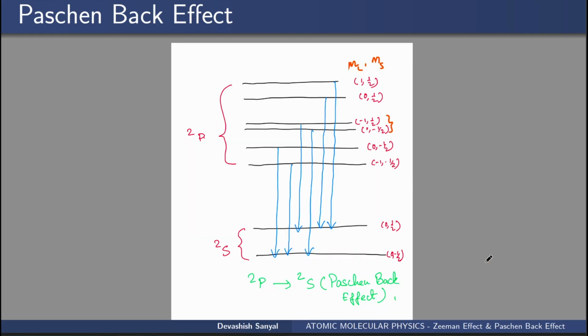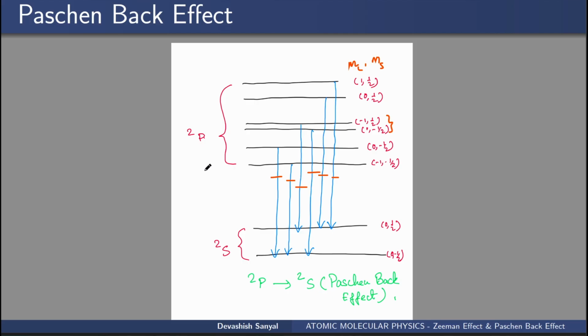From here you can figure out the transitions. There will be 1, 2, 3, 4, 5, 6, so 6 transitions.